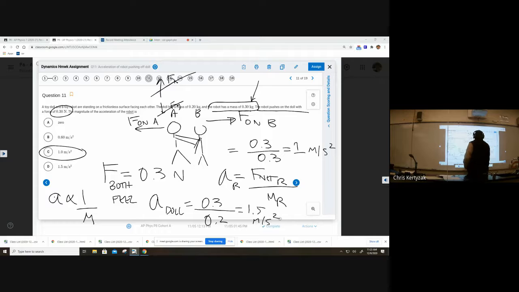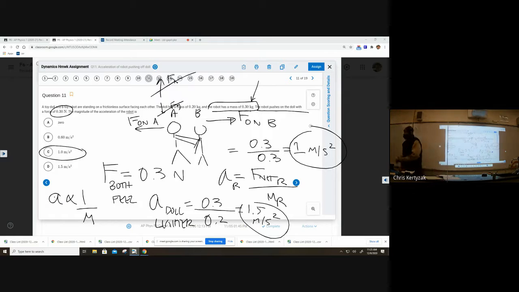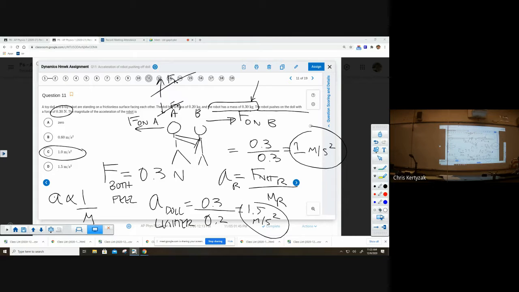So the lighter doll would have a greater acceleration than the heavier robot. Not part of the question, but I think worth knowing. They could ask that. Which one during the push accelerates with the greatest rate? The lightest one, the one with the least mass, that has the least inertia. Moving on.